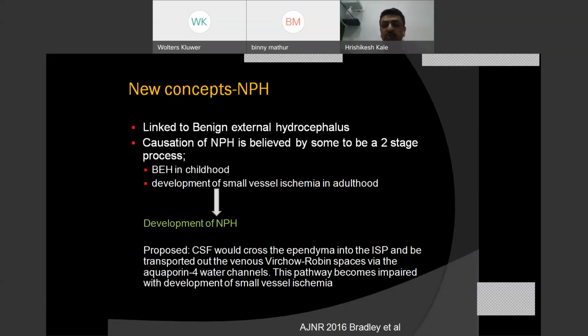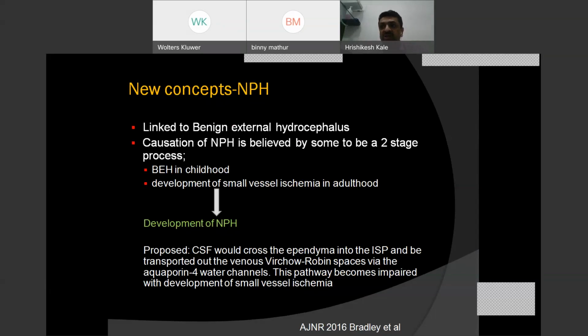So the proposed mechanism is that in childhood, when they get benign external hydrocephalus, CSF crosses the ependyma into the interstitial space and is transported out into the perivascular Virchow-Robin space via the aquaporin 4 channel. I have discussed all of this in your lymphatic pathway. So this pathway can become impaired with development of small vessel ischemia.